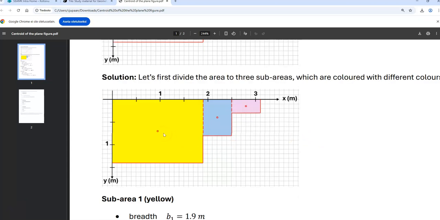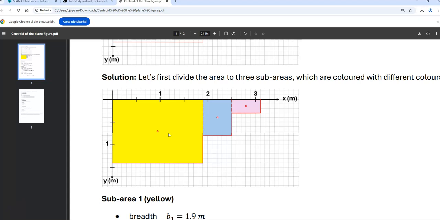And also I have drawn there a small circle in the middle of every rectangle there. So with this method we need to find out where is the center point of every rectangle which we have there. Now we have 3 rectangles, and we need to find out where are those midpoints or center points of those rectangles.